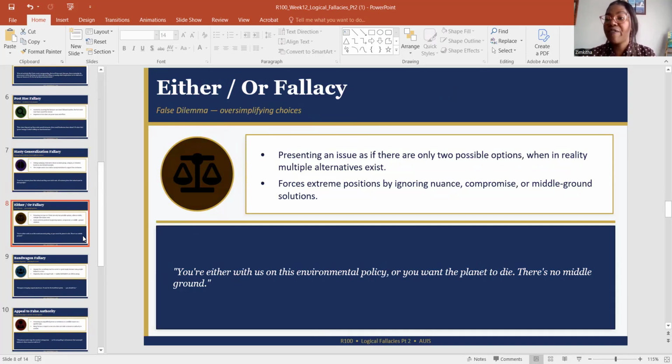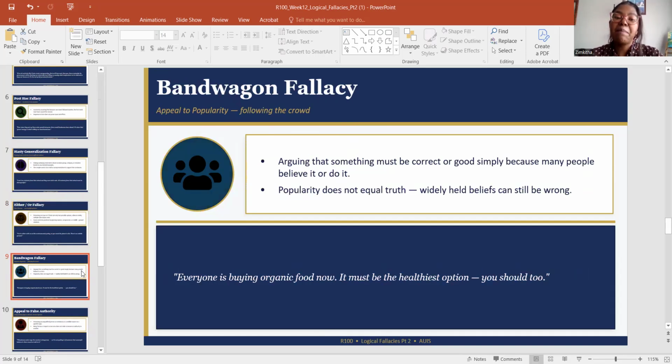Okay. Either-or fallacy. It's saying as if there's only two alternatives. You either do this or that happens. That's not true. Often there are multiple alternatives and ways to go about something. Bandwagon is saying that everybody is doing it, so why shouldn't we do it? That is probably the worst thing that you could possibly do, is jump on a bandwagon.